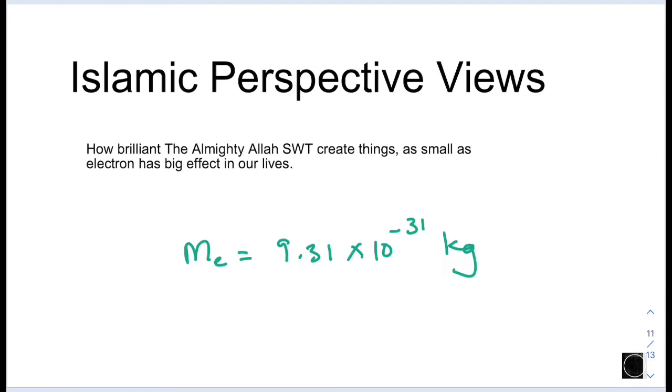The charge of the electron is negative 1.9 times 10 to the power of negative 19 coulomb. These small things, the spinning of them, have a very big effect in our life. How brilliant Allah is, mashallah, to create things as small as the electron that have a big effect in our life.